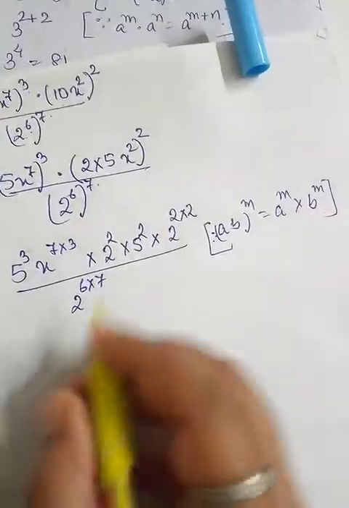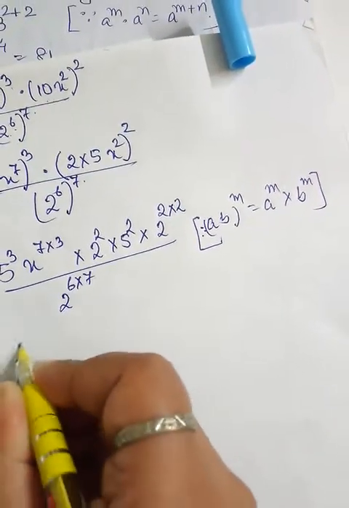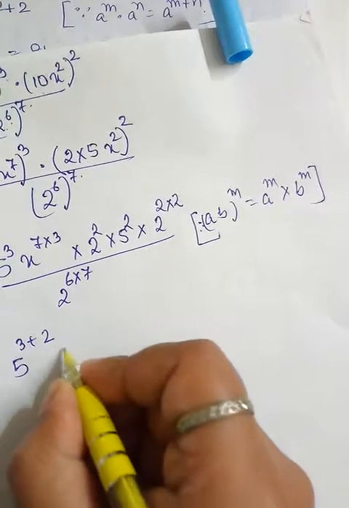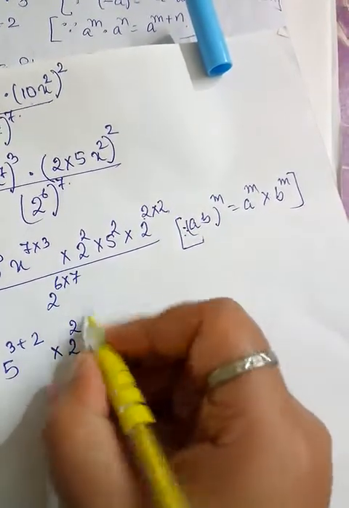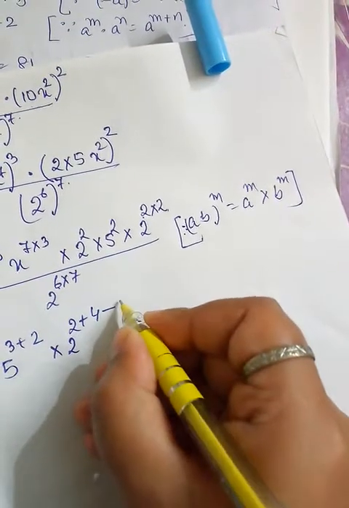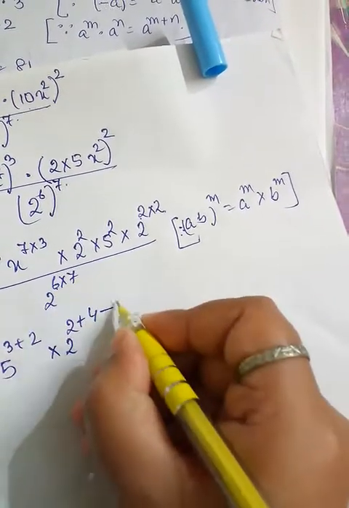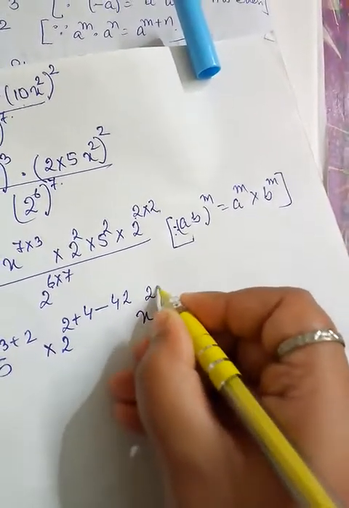Now once we have expanded it, now we can write it as 3 plus 2 into 2. This is 2 into 2, 4, so plus 4, and since this is in the division form, so it will be minus 42, and this will come as it is, that is x raised to the power 21.